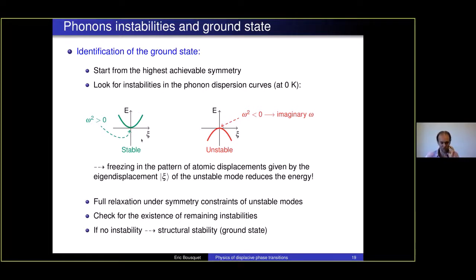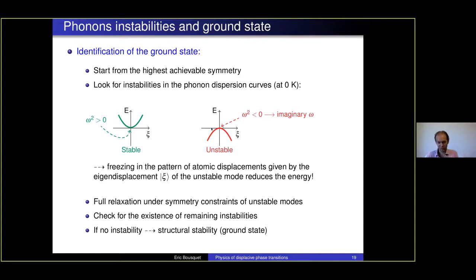Why? Because, as I'm re-mentioning here, if you plot the energy versus the pattern of atomic displacement, the curvature of the energy is directly connected with the square of the phonon frequencies. Usually when your system is stable, all the phonon frequencies are positive, are real, because the curvature with respect to any pattern of atomic displacement of our system is positive.